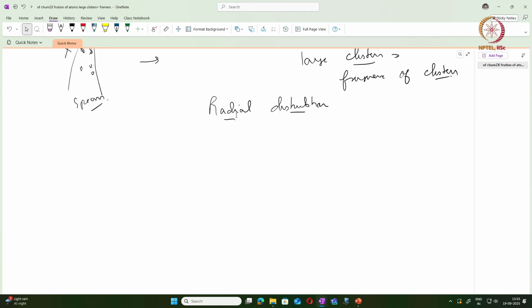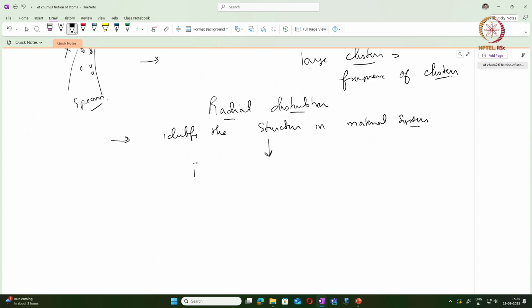So radial distribution, last class also I introduced it, so we will go a little bit into detail. Radial distribution is to identify the structure in a material system. How to identify?